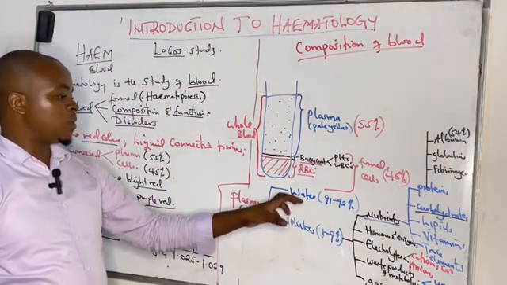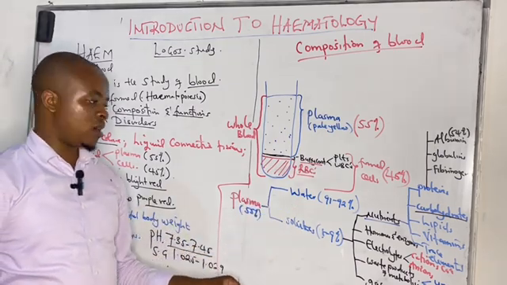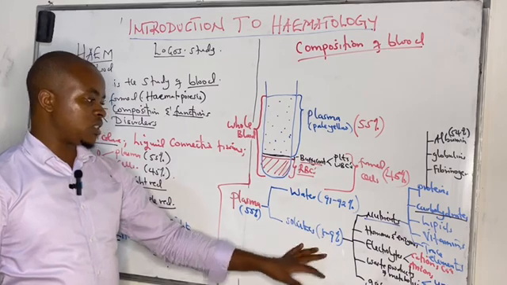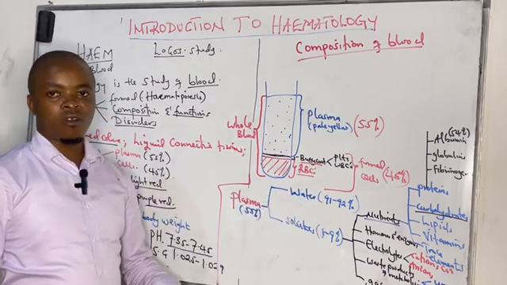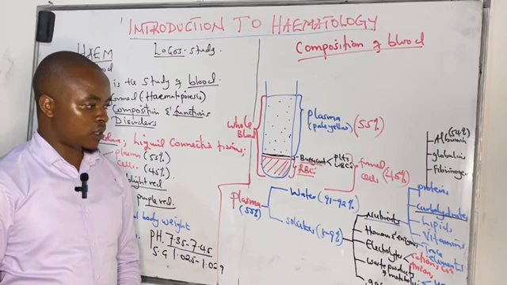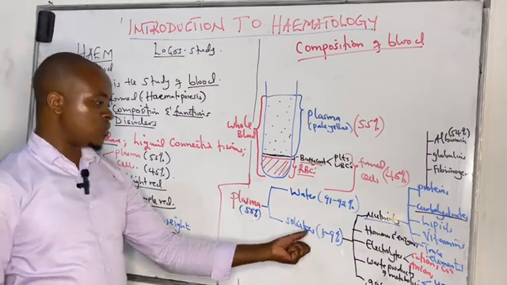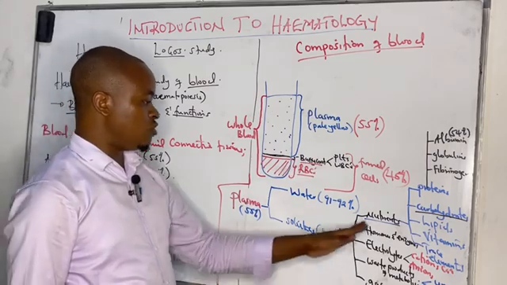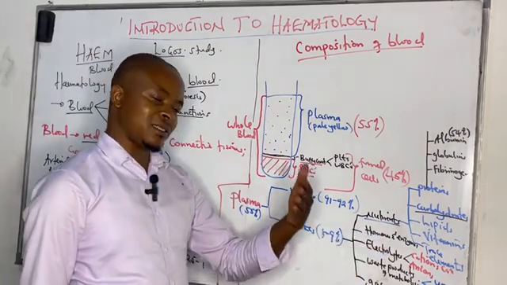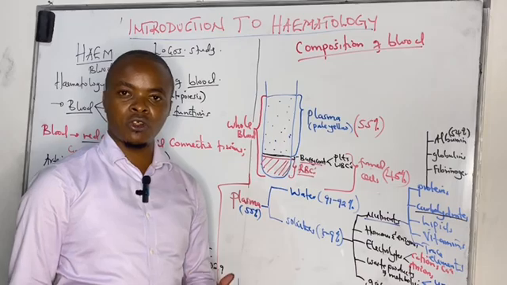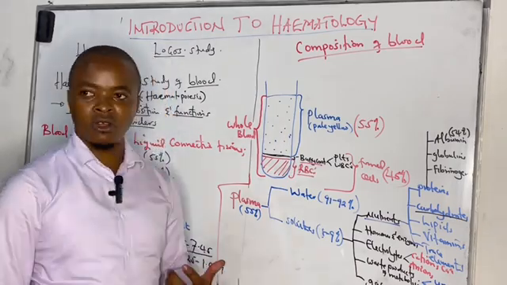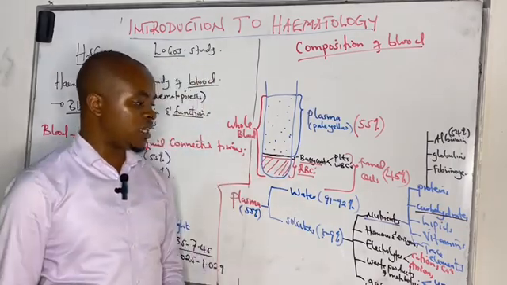So this is the composition of plasma, whereby we have water and solutes, and water is the major component of the plasma. Then we have seen in the solutes, which make 8 to 9%, nutrients, and hormones mainly like testosterone and estrogen, which are transported in the blood.